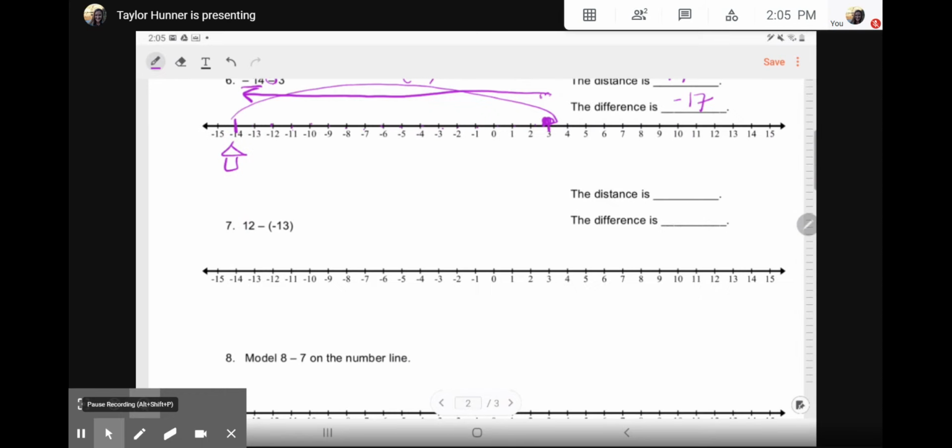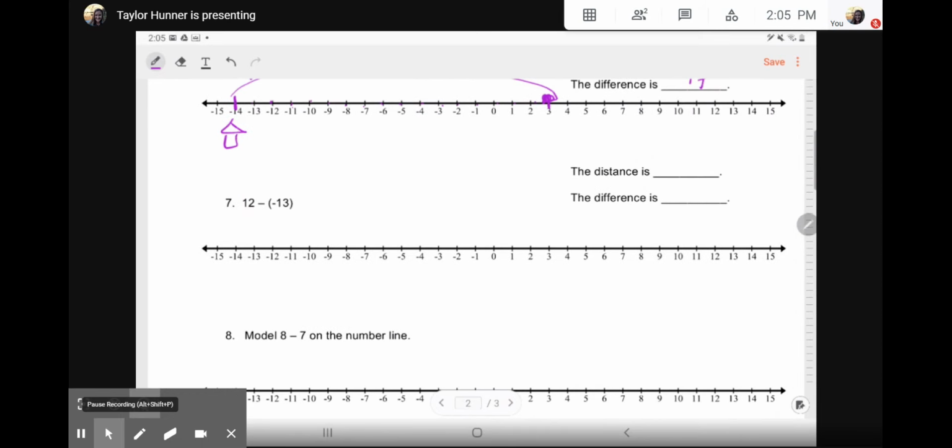Okay, this next one, 12 minus -13. Now, here is my operation sign. My first number here is 12, so this is my home. And my second number is -13, so it seems really far away. And this is my distance.